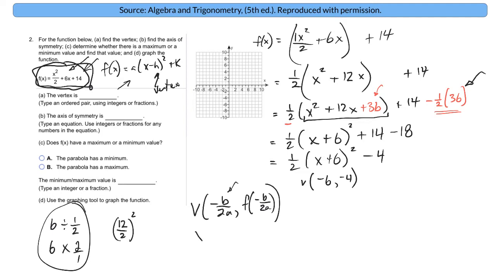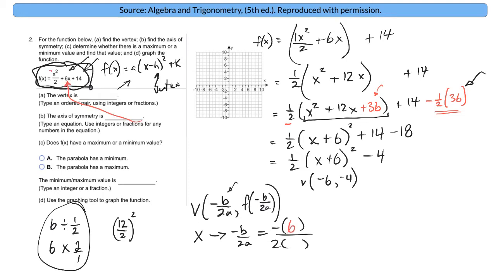So to find the x value of the vertex, I just have to go minus b over 2a, b over 2 times a. So b, in this case, let's go back to this original one right there, b is 6 divided by 2 times a.